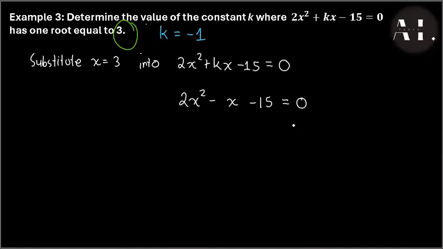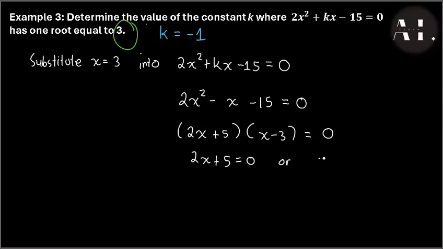Now, by factoring, the equation will become the quantity 2x plus 5 times x minus 3 is equal to 0. And this will lead us with two equations: 2x plus 5 is equal to 0, and the other one is x minus 3 is equal to 0.